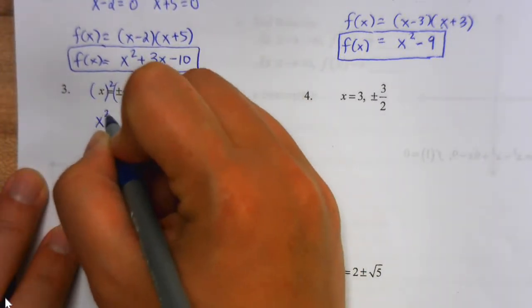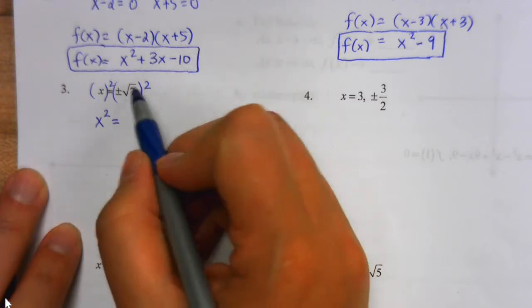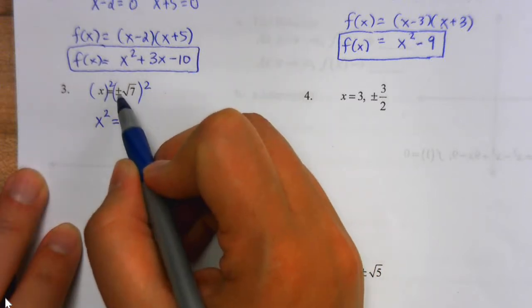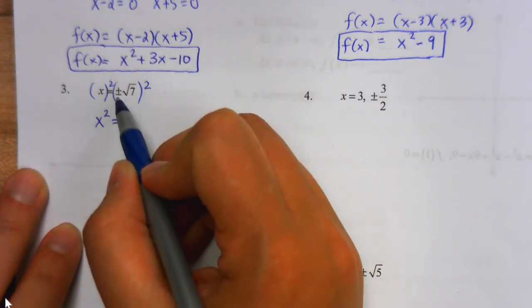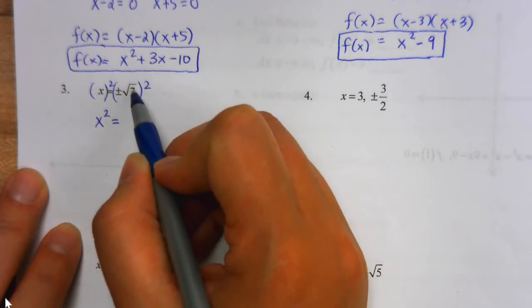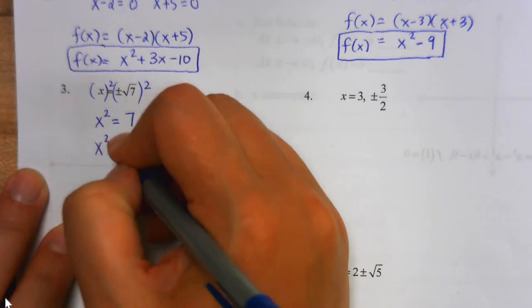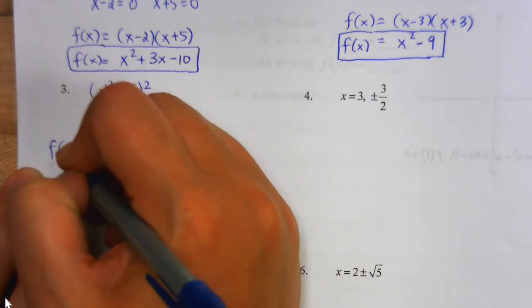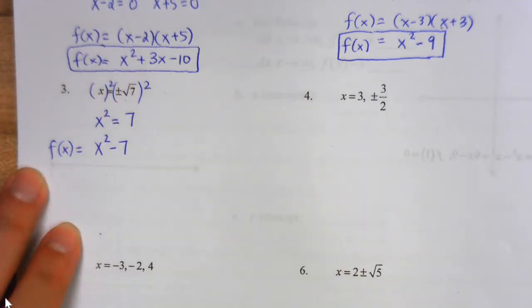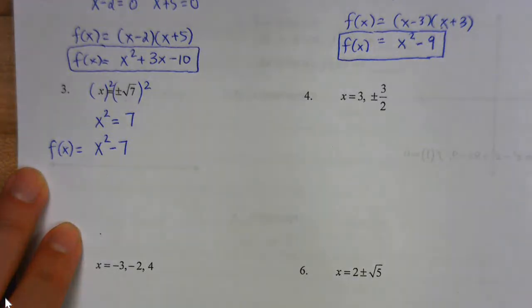So I have x squared is equal to, and when you square a positive, you get positive. When you square a negative, you get a positive. And so the square root of 7 squared just gives you 7. I'm going to subtract that over to the other side, and I'm done. That is my polynomial. So I have f of x is equal to x squared minus 7.